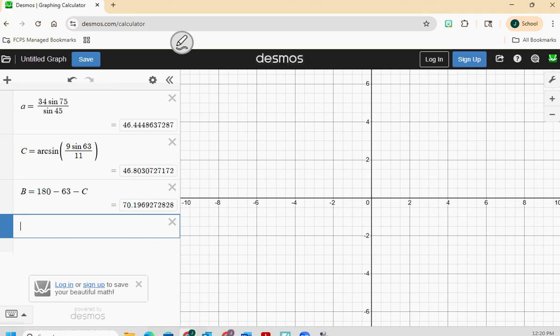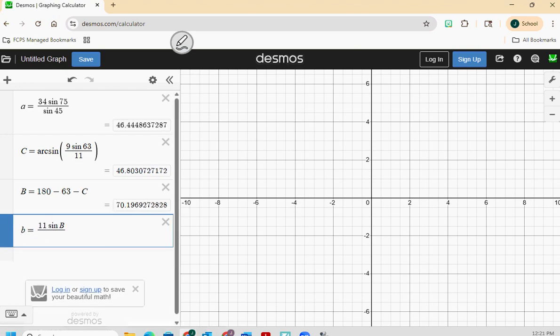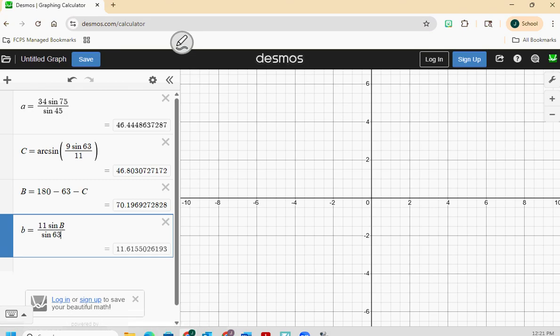So side B, you're going back to setting up that sine of 63 over 11 equals sine of the angle B that you know over little b. Are you guys fine with entering in B equals 11 sine of big B over sine of 63? Does that make sense to you guys?